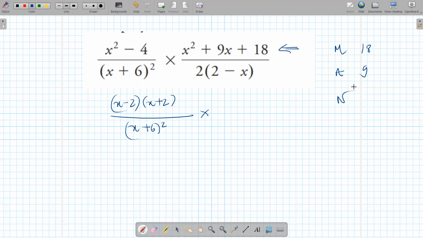There's only two things that multiply to 18, two permutations, I guess. One of them is 9 and 2. That one doesn't work. What else multiplies to 18? Um, 6 times 3. Yep, 6 and 3.